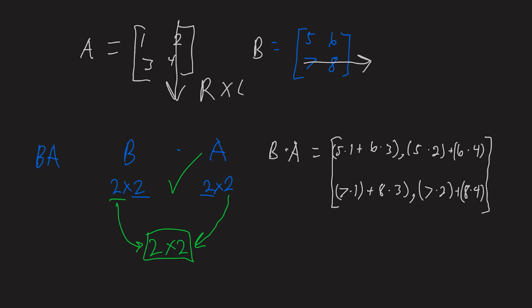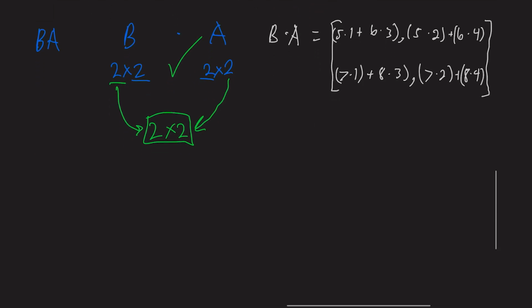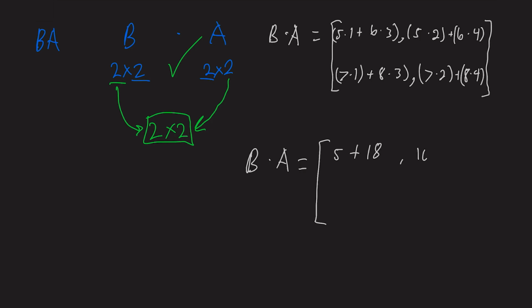Now we have all of the locations populated for our resultant matrix. Now it's time to just do the brute force multiplication. BA equals the matrix of 5 plus 18, comma, 10 plus 24, 7 plus 24, comma, 14 plus 32.